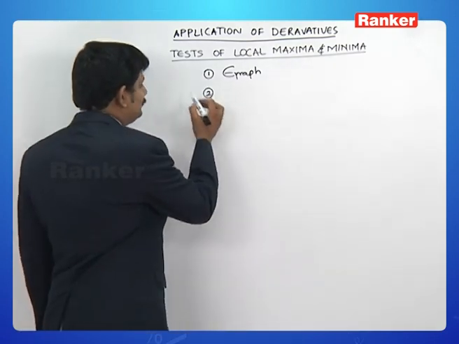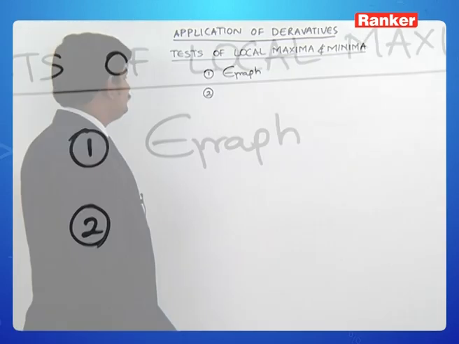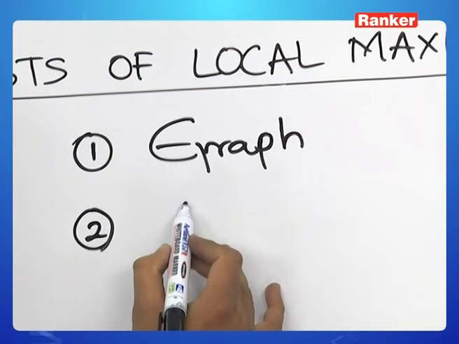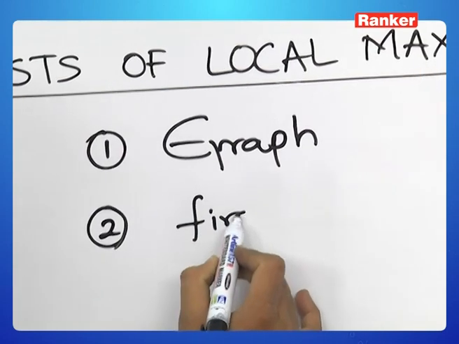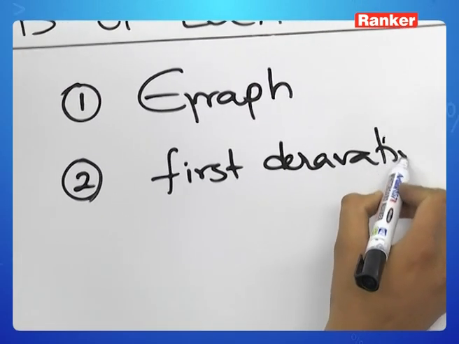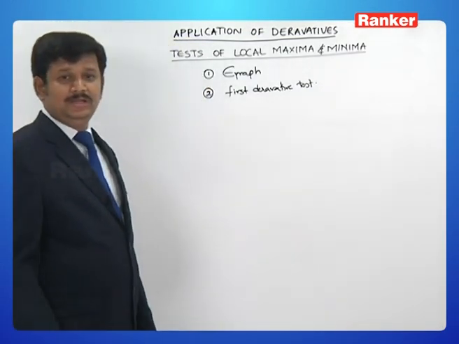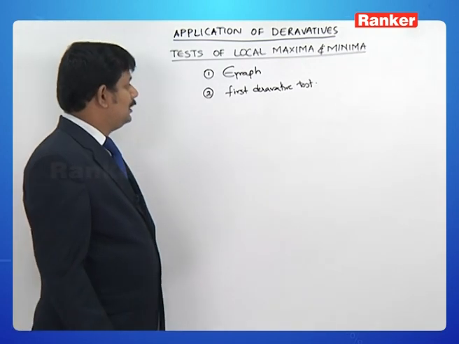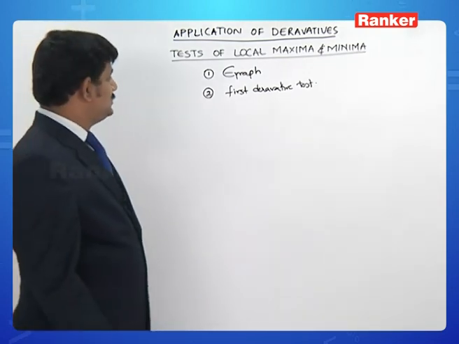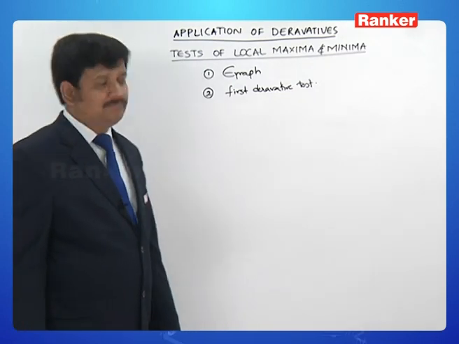Second way to test for local maxima or local minima is the first derivative test. But the first derivative test is applicable only for continuous and differentiable functions.